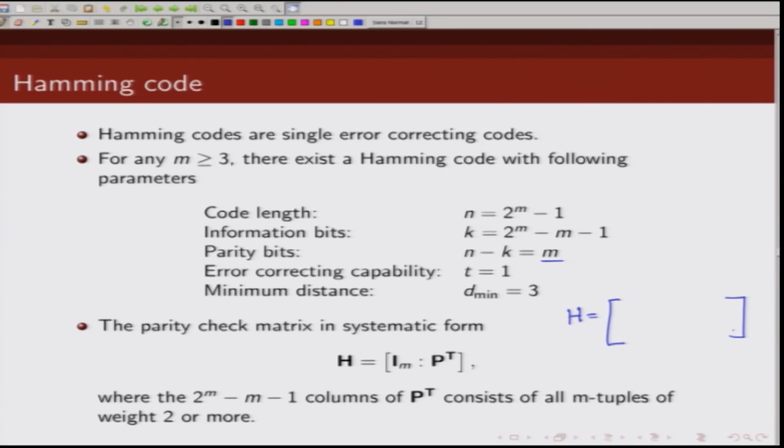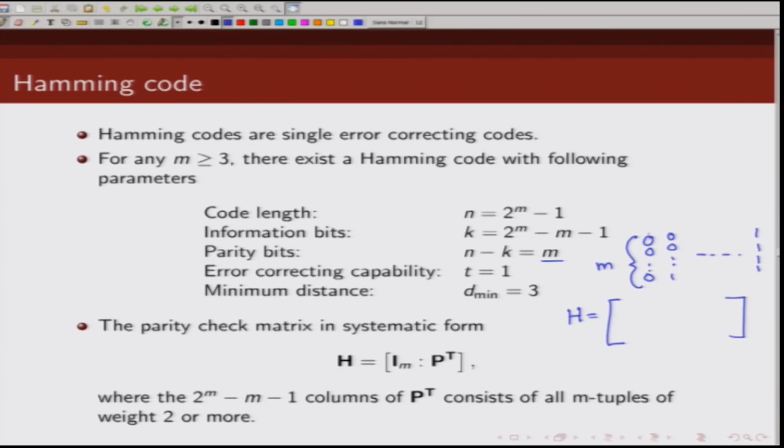We have a total of 2 raised to the power m tuples, going from all 0s, 0 0 0 1, and so on up to all ones, each of length m.